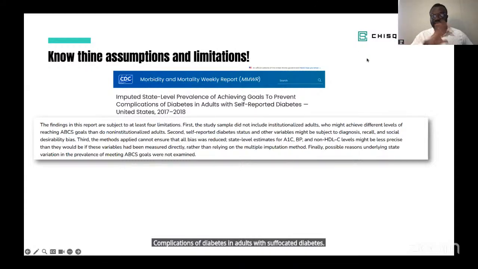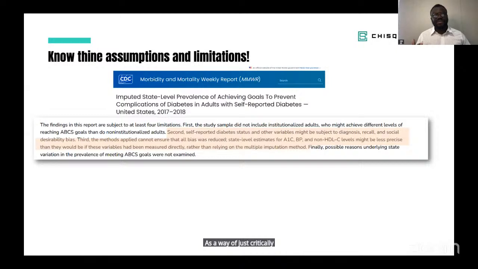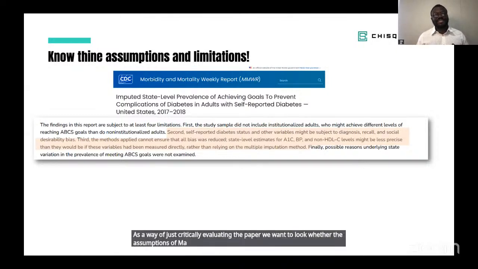Now, the methodology was multiple imputation for the outcome, which is self-reported diabetes. But what we want to focus on here are the limitations reported in the study. And as a way of critically evaluating the paper, we want to look at whether the assumptions of MAR are consistent with the limitations reported in the study.